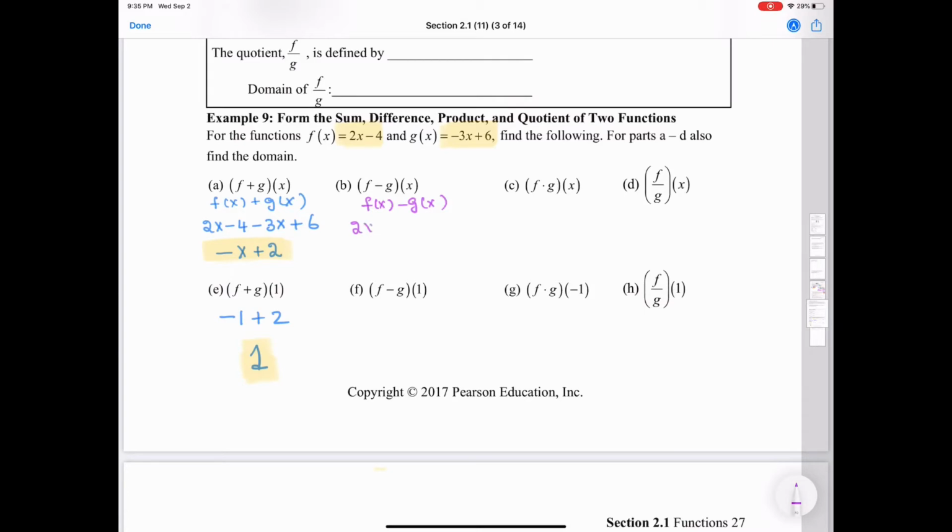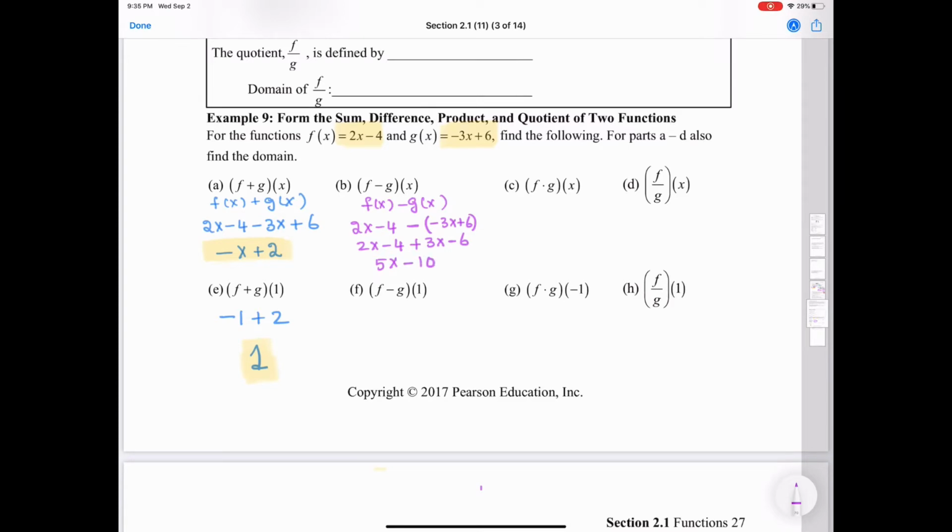So it's 2x minus 4 minus, make sure you put a parentheses. When it's plus, I didn't have to, but for minus, I'm putting a parentheses and writing one step. So it would be 2x minus 4 plus 3x minus 6. So this would bring us to 5x minus 10.